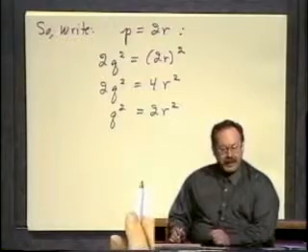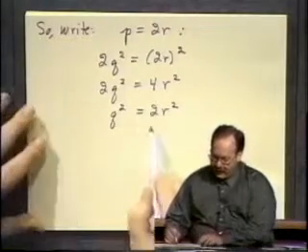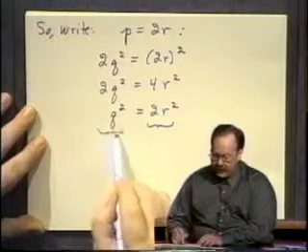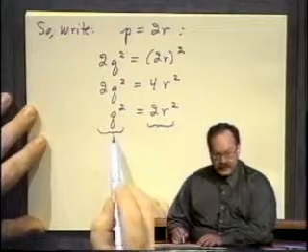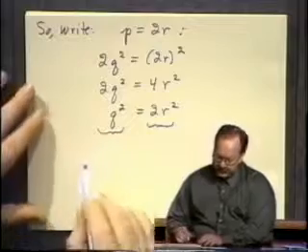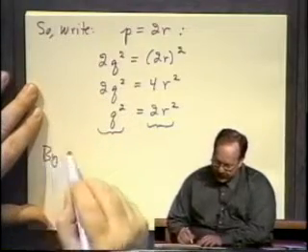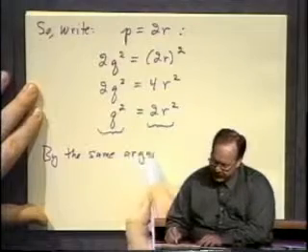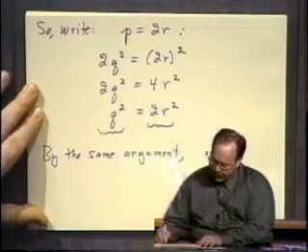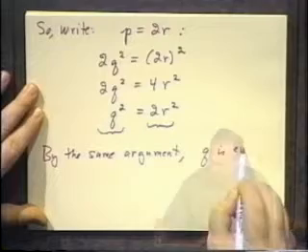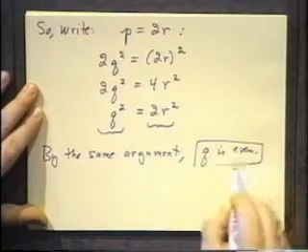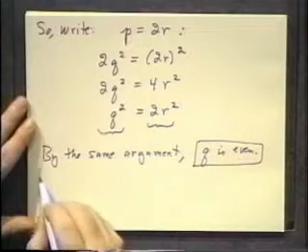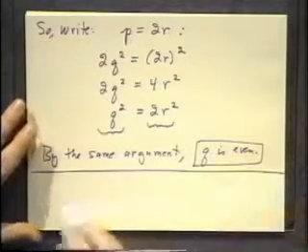Now we're back to the same argument we did before. Since 2 divides the right-hand side, it must therefore divide the left-hand side, which means that q must be even. So by the same argument as before, q is even. So we have concluded the following, putting it all together in one place.